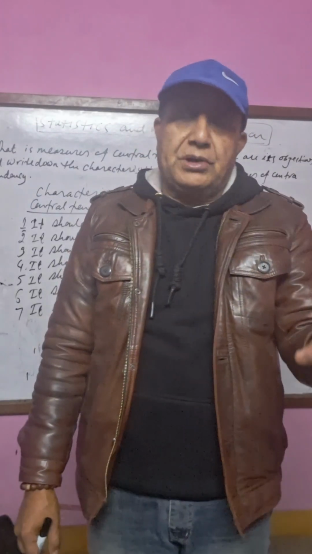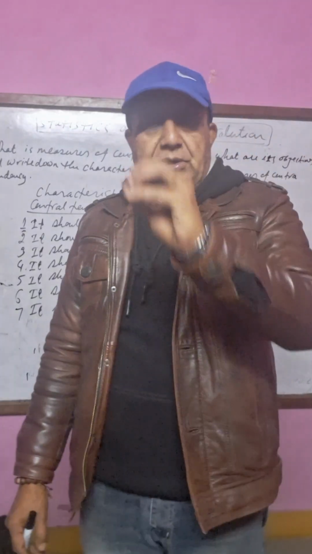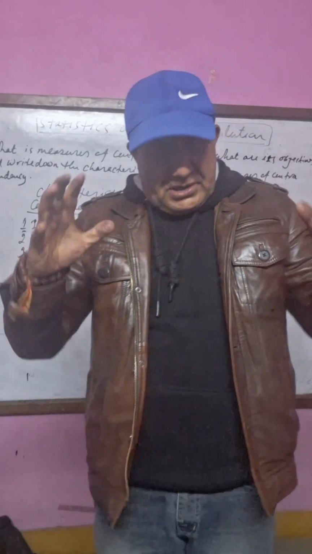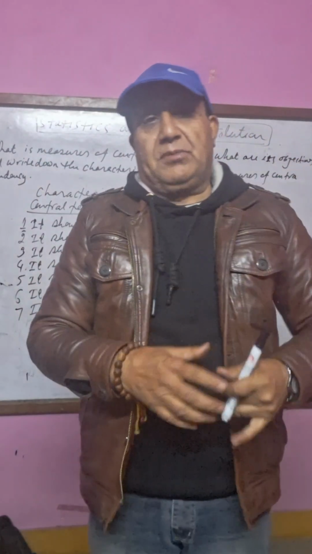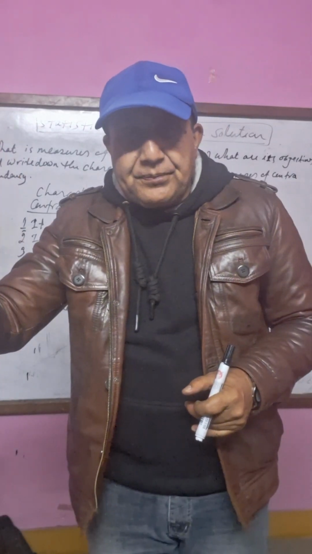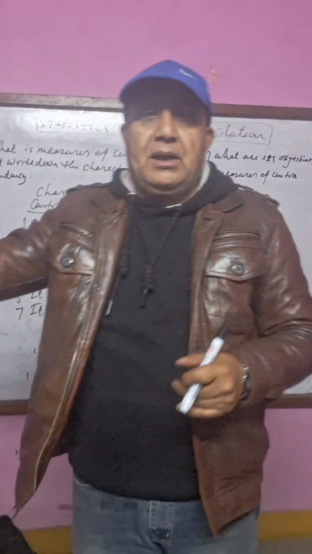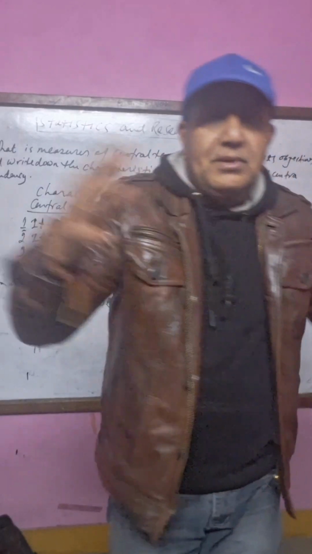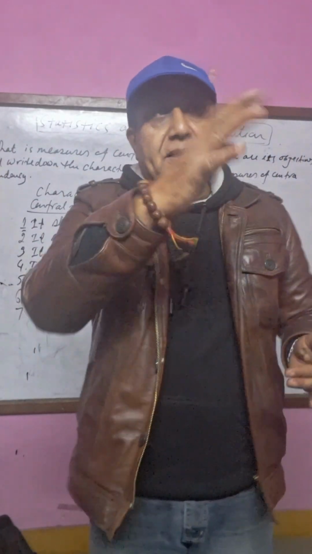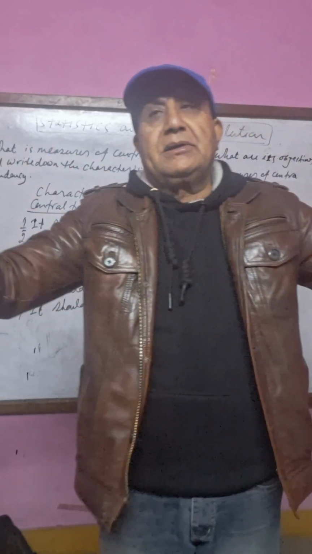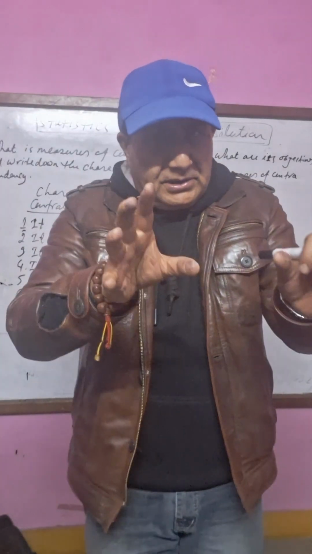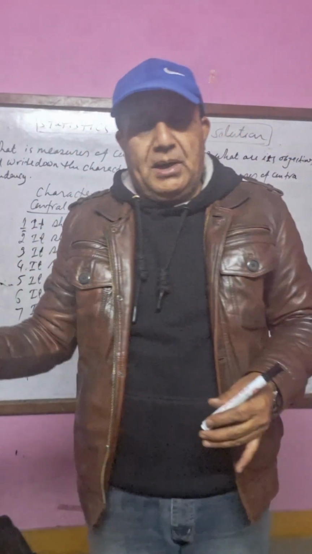Sampling means, suppose I consider 5 students from the class and I collect their age, and another time I consider another 5 students, and another time another 5. This is the sampling fluctuation. Sampling fluctuation is this: at different times we take different samples.